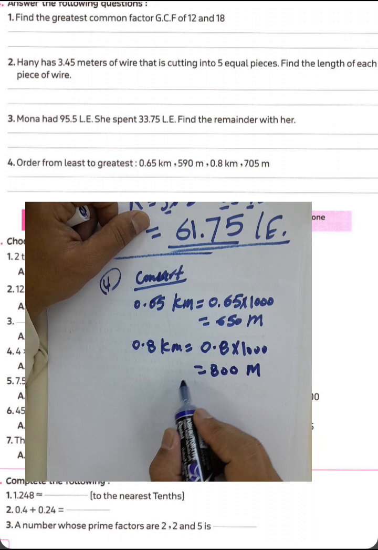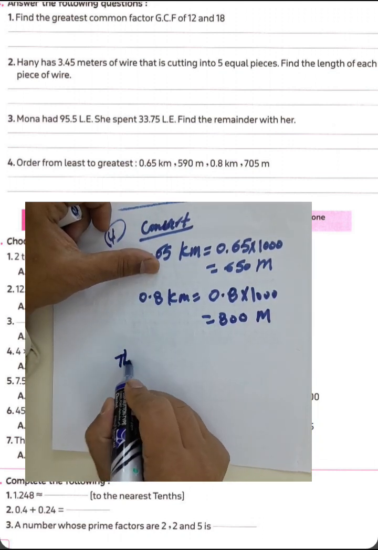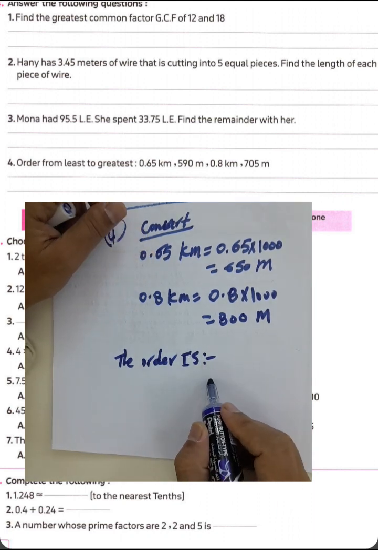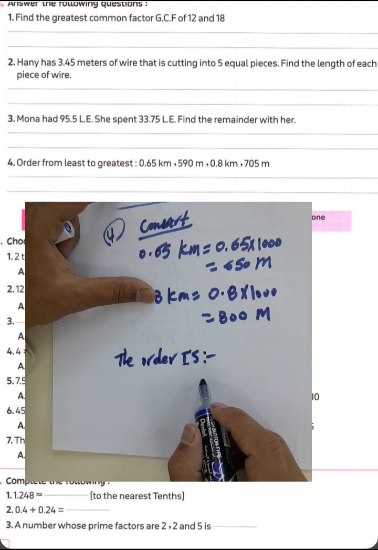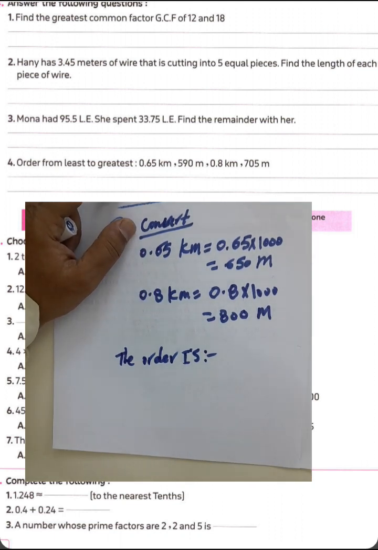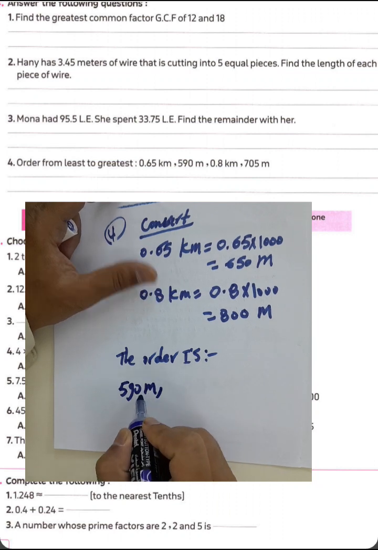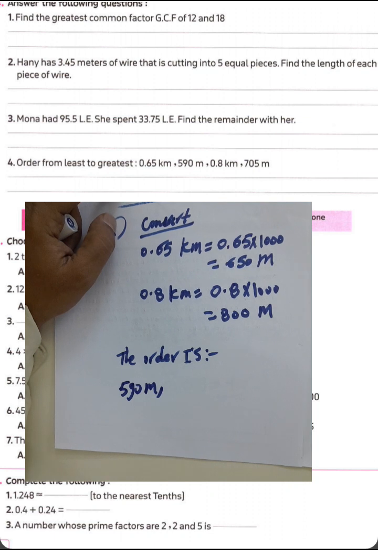Okay, and then we can arrange the order. First you want to find the smallest, arranging from least to greatest. In meters, here we have 590, it's the smallest length, and the next will be this number, or this number. 0.45.